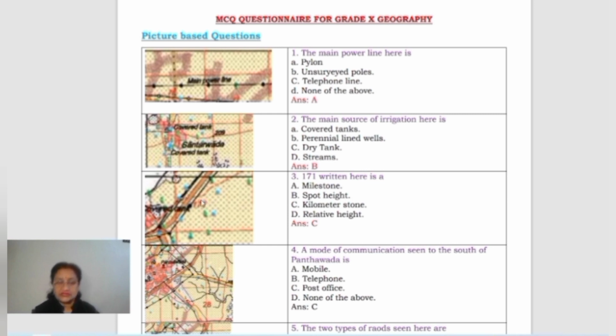When it is written 171, that means the particular place we want to reach is 171 kilometers away from this point. This is how the distance stone works, or it is also many times called a kilometer stone. So the C option is correct in this.